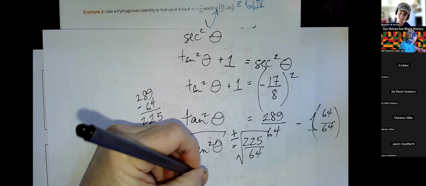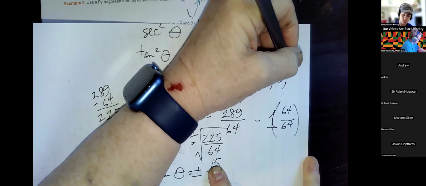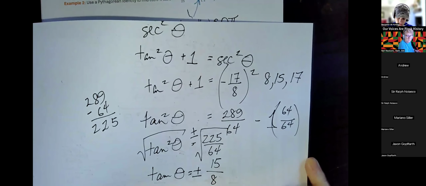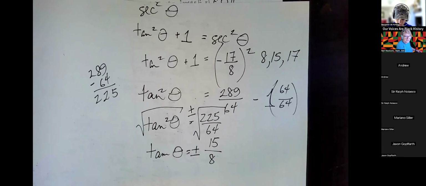Who knows the square root of 225? It's 15. Good. So our third Pythagorean triple is 8, 15, 17. Those are going to save us so much headache. I can't even overstress it.